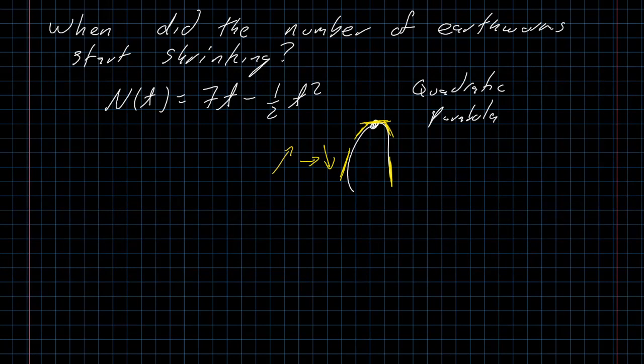In order for the number of earthworms to go from growing to shrinking, there has to be a place where the change in the number of earthworms is 0.